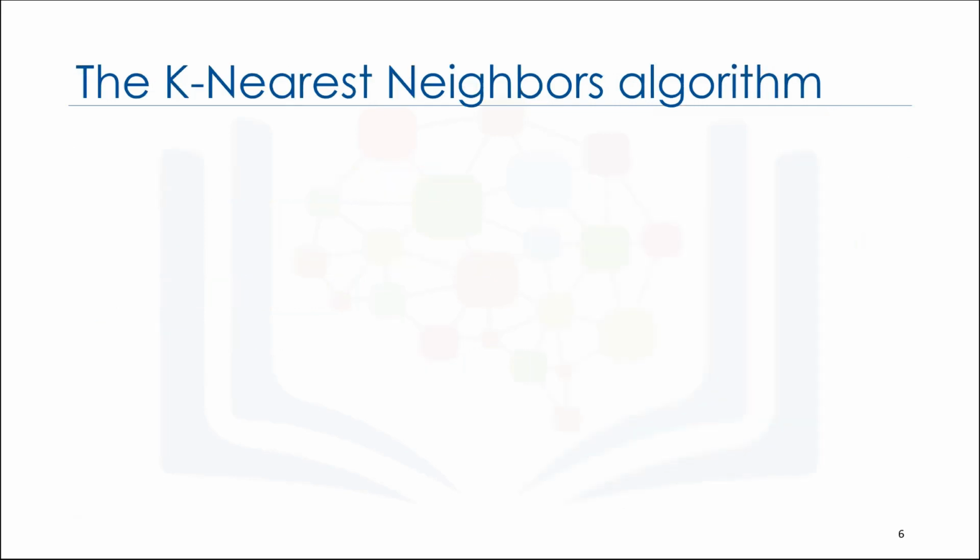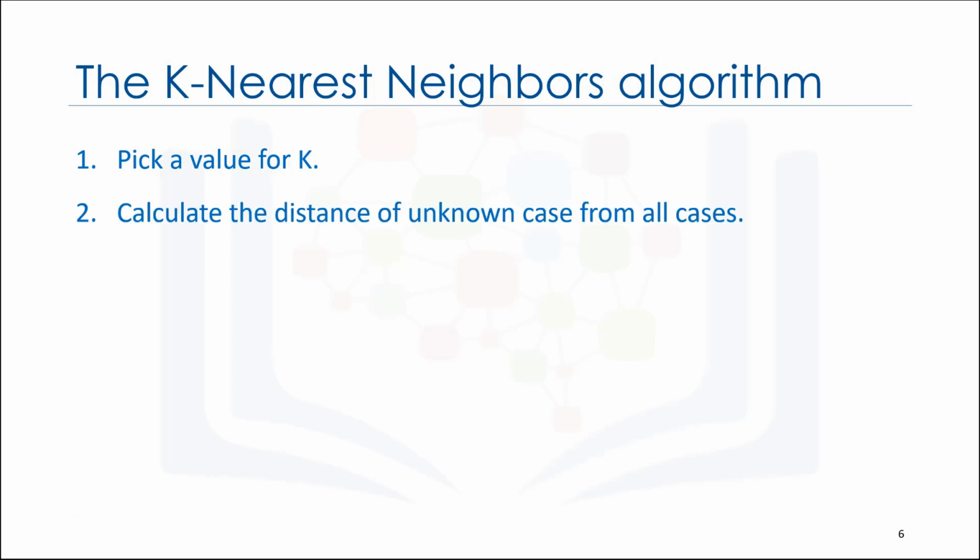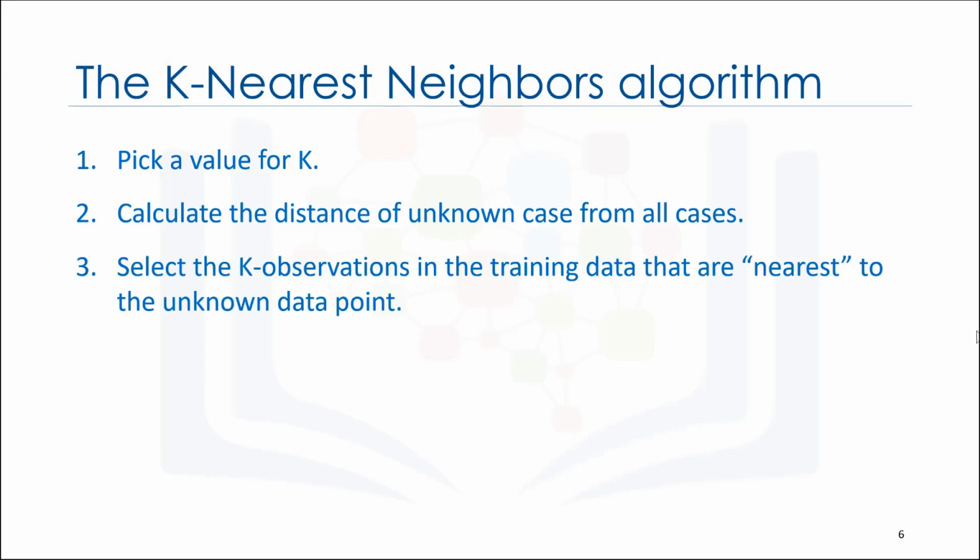In a classification problem, the K-Nearest Neighbors algorithm works as follows. 1. Pick a value for k. 2. Calculate the distance from the new case held out from each of the cases in the dataset. 3. Search for the k observations in the training data that are nearest to the measurements of the unknown data point.